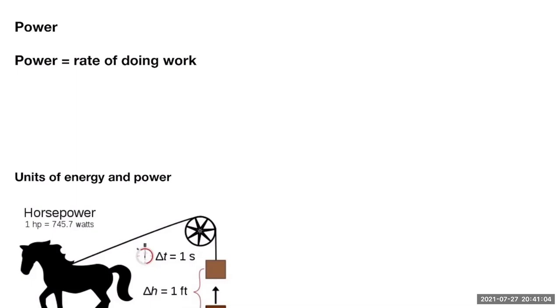So what is the definition of power? As you can see here, power is the rate of doing work. Now we know how work is calculated, right? So power is dW dt by definition. Okay, so write that down. dW over dt.